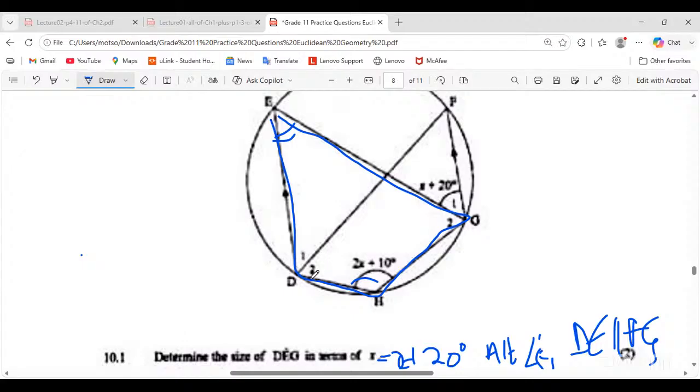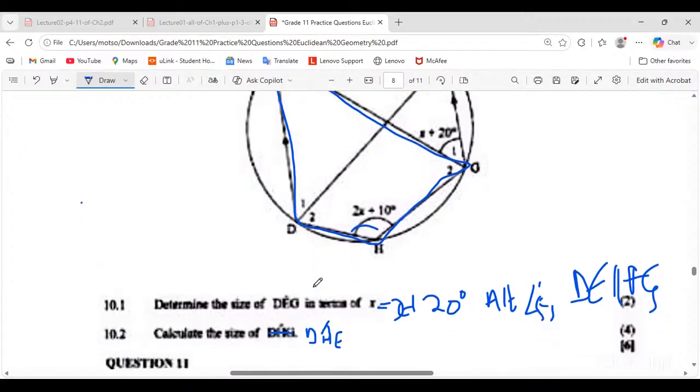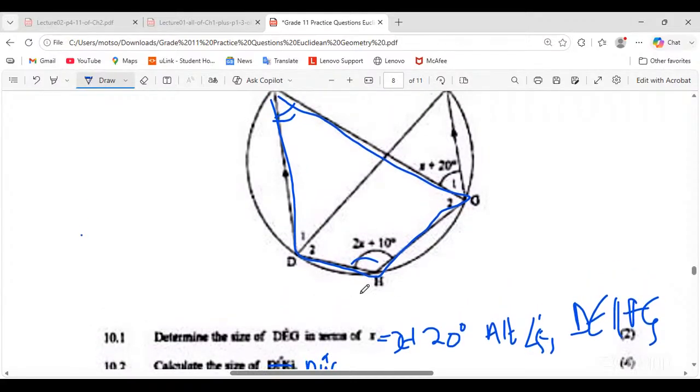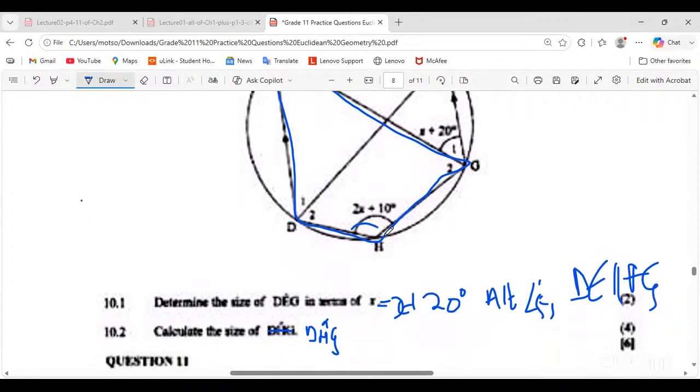Wait, I'm sorry. Oh, DHG, not E. DHG. The size of DHG here now.